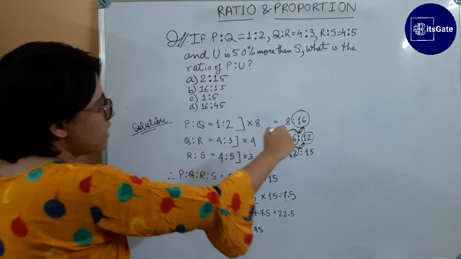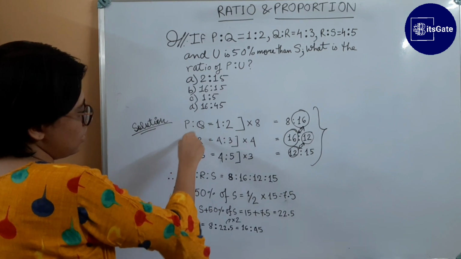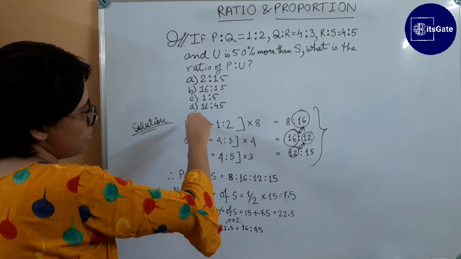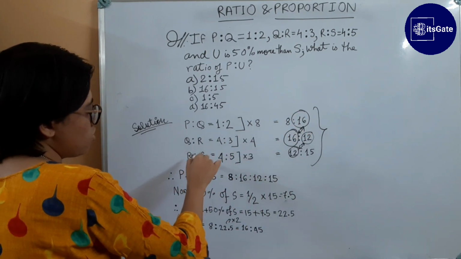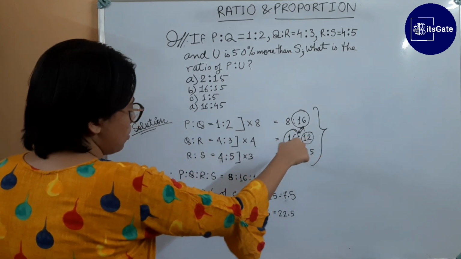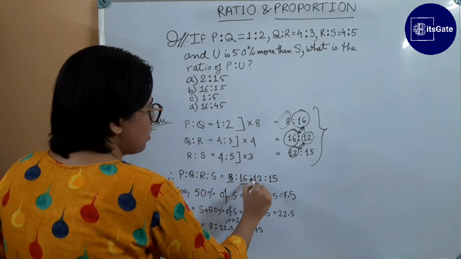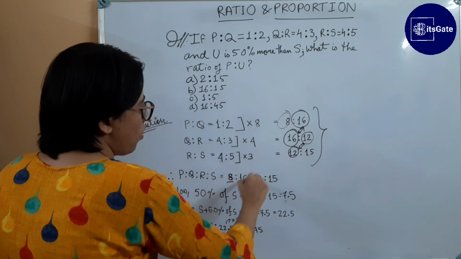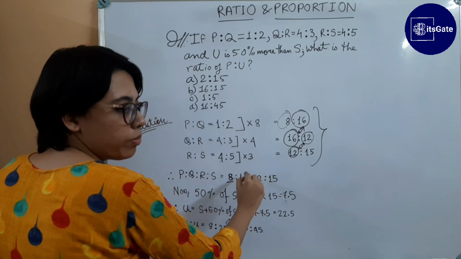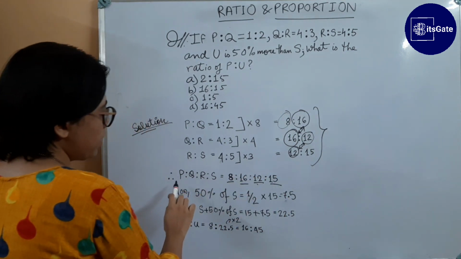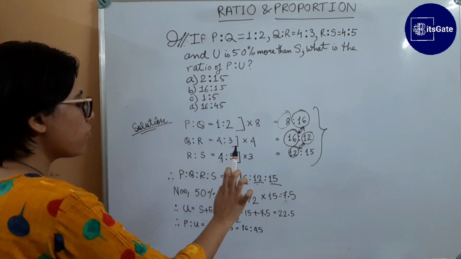So now from these three equations, we can write P is to Q is to R is to S, where Q is common in both these ratios, here 16 is common, and R is common in both these ratios, as 8:16 is to 12, 16 is common, that's why we won't be repeating it, is to 15, because 12 is common, we won't be repeating it, 12 and 15. So P is to Q is to R is to S is finally 8:16 is to 12 is to 15.